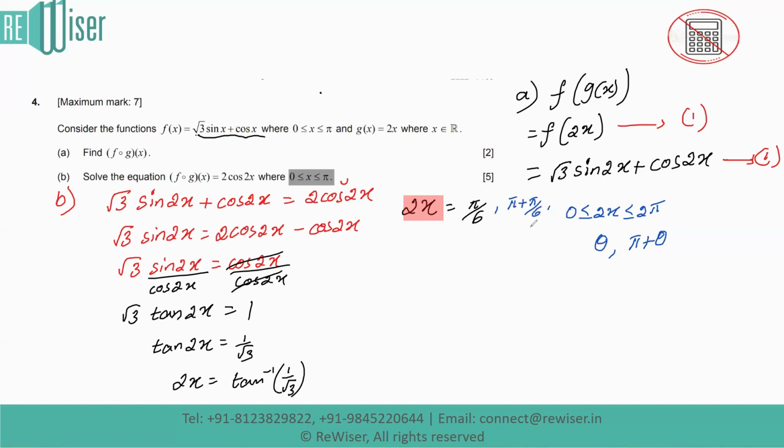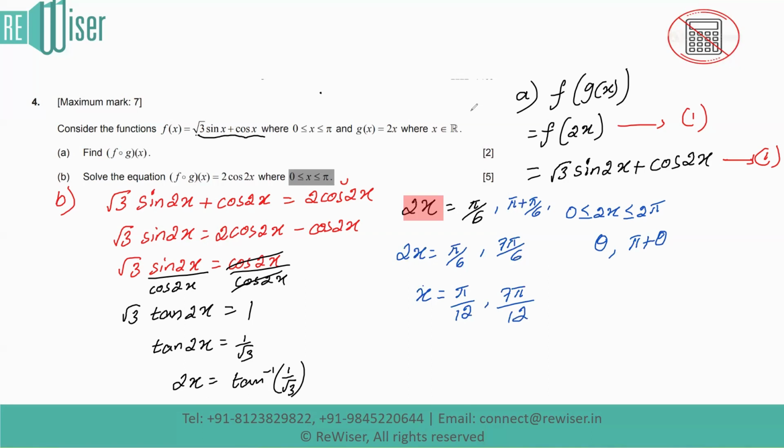And the third angle would be 2 pi plus theta, which would cross this domain, so it's just going to be this. So in that case, 2x would equal either pi by 6 or 7 pi by 6. And 2 goes to the other side. So x would be either pi by 12 or 7 pi by 12. And this is the right answer for the sum.